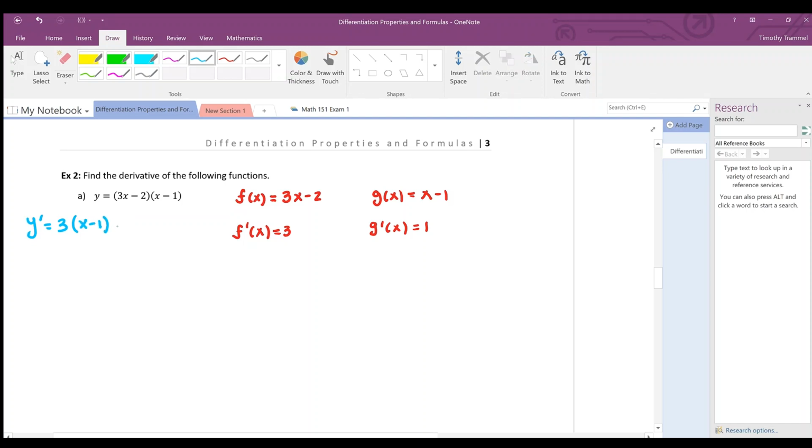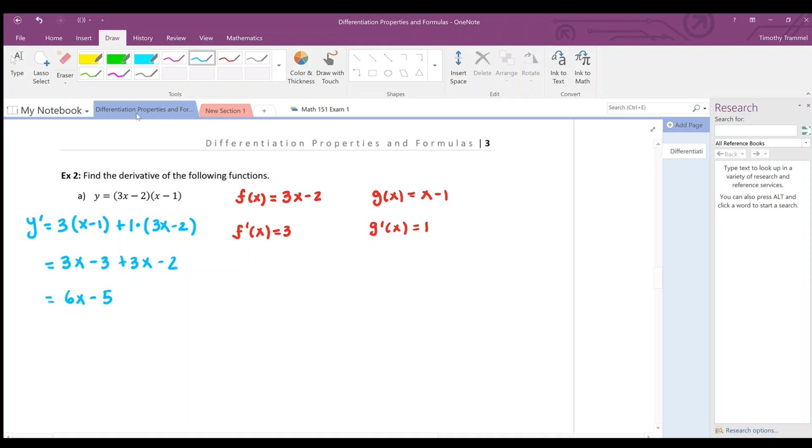Then we have plus the derivative of the second function, which is just 1, times the first function, which was 3x minus 2. And you could simplify this. This is 3x minus 3 plus 3x minus 2, which is 6x minus 5.